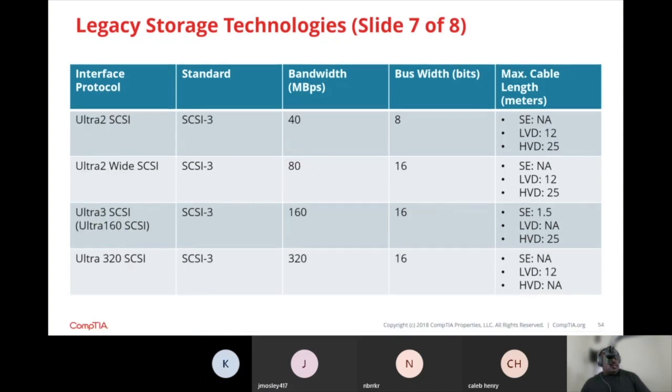Then you got even closer, and SCSI was still moving faster than SATA hard drives until SATA came out. So you had Ultra 320 SCSI, which moved at 320 megabits per second. But you don't really see that anymore. Actually, it'd be hard to find a SCSI device anywhere.